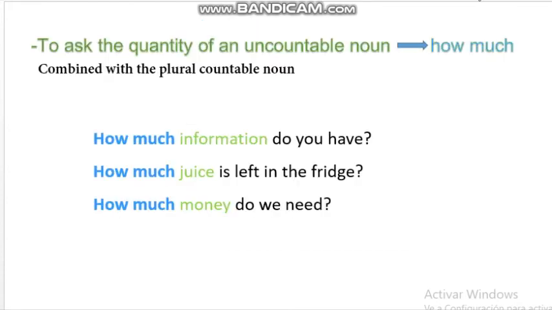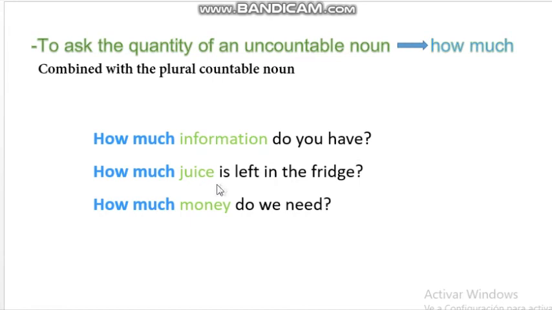Okay. If we want to ask about the quantity of an uncountable noun, we use how much. As you can see in the sentences that we have, we use how much for information, juice, and money because these nouns are uncountable. And we say, how much information do you have?